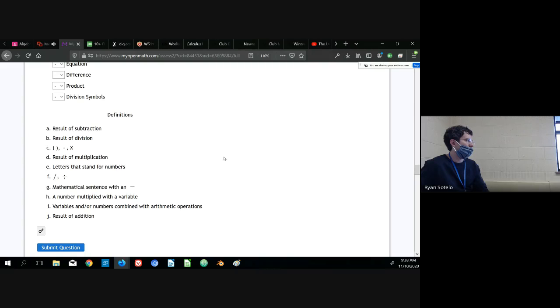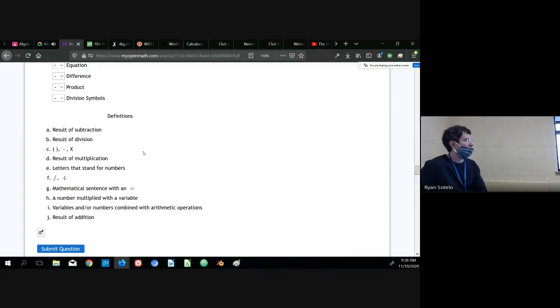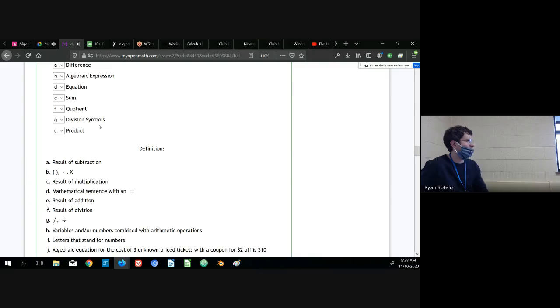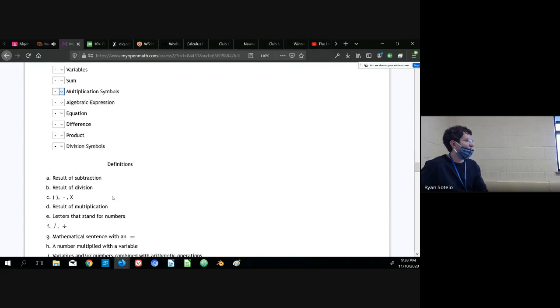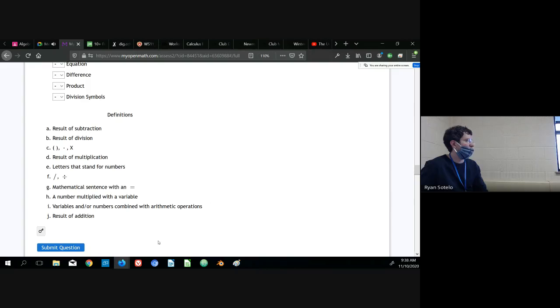Here, let me look at one of the triple white ones. What are we looking at? This question is almost the exact same as the last, but this one has the word coefficient. So which one of these goes with the coefficient?